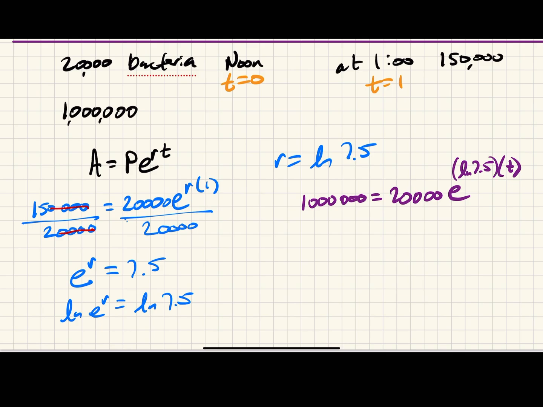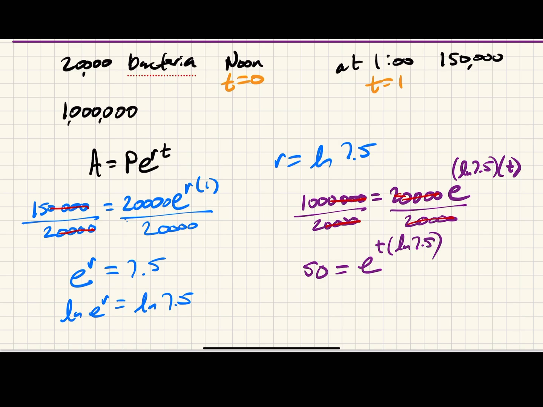So now, again, we're going to divide both sides by 20,000. And we get a bunch of zeros to cancel out, these 4 with those 4. And we have 50 equals E raised to the T times the natural log of 7.5.